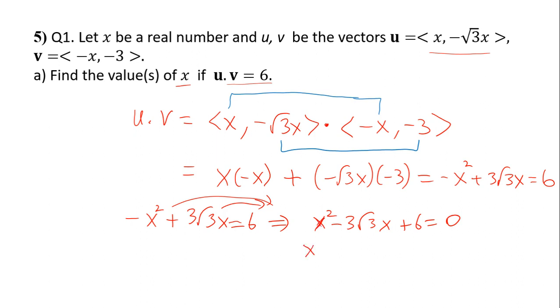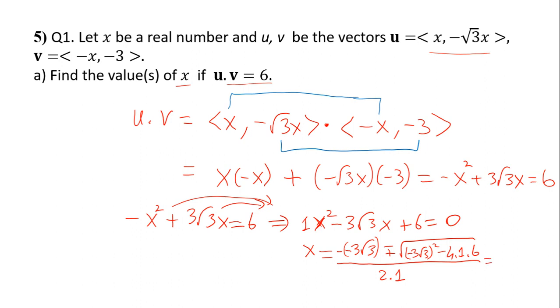Now this is hard to do, so I will try to do it with the quadratic formula. You cannot factor it easily. So minus b, which is 3 square root 3. You see minus minus makes plus. Minus plus square root. Let me write this here. And then b squared is negative square root 3 squared minus 4 times a times c, divided by 2a, 2 times 1, here this is 1 you see.